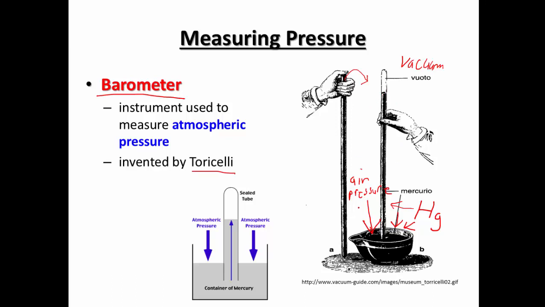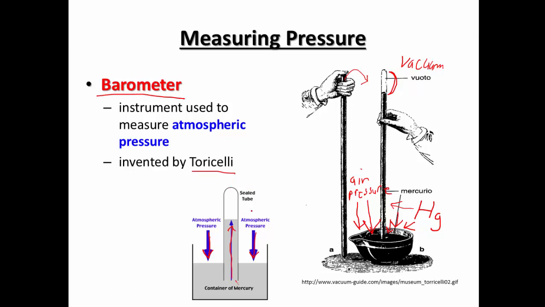Depending on how much air pressure is pressing down on the mercury, it holds it in place, and we can actually measure this amount. So the atmospheric pressure pushes down and keeps the rest of that mercury in the container.